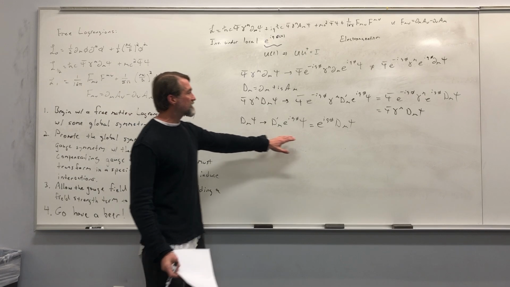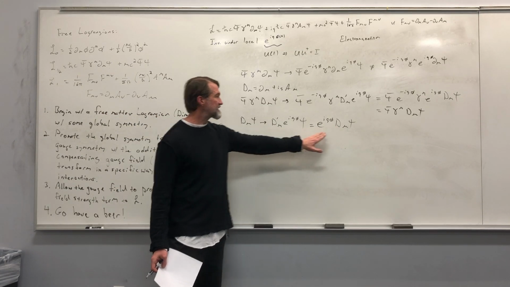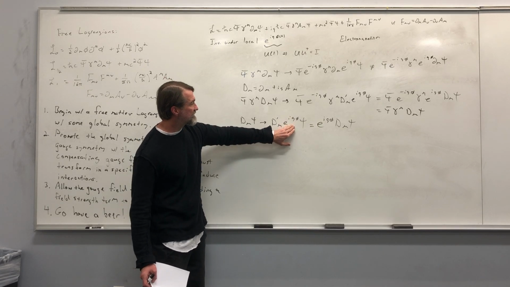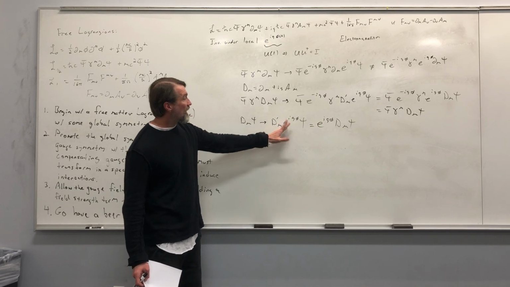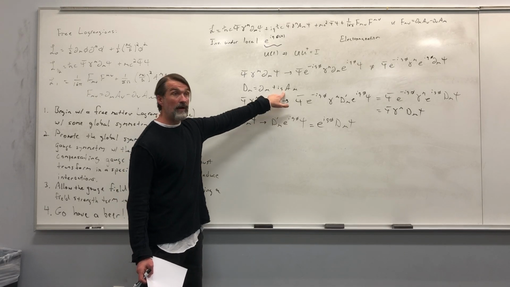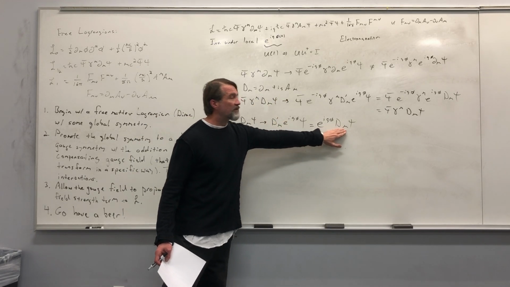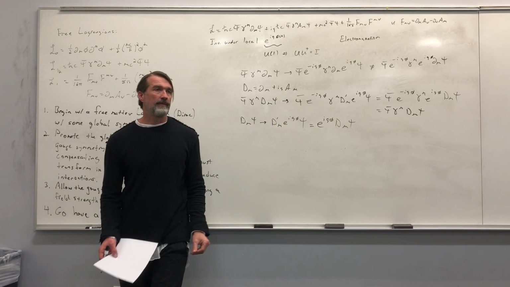This is the magical property of this new derivative. It's basically letting me take this transformation, commute it with the derivative as long as the derivative transforms in the right way, which we found how this should transform. So this always lets me move the transformation past the derivative. Okay?